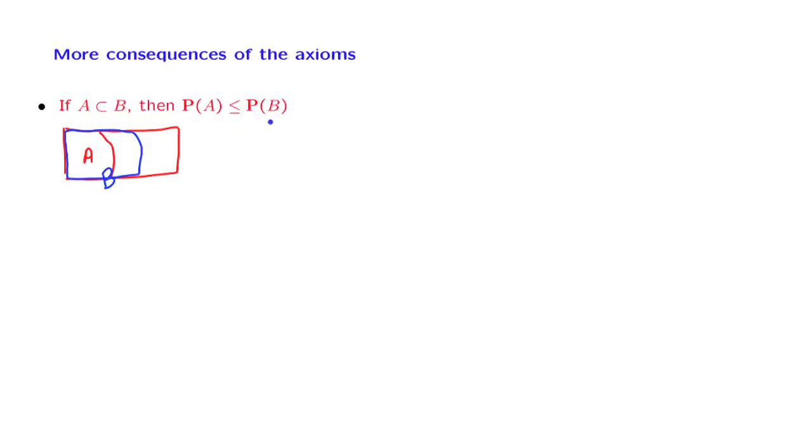How do we prove this formally? The set B can be expressed as a union of two pieces. One piece is the set A itself. The second piece is whatever elements of B there are that do not belong in A. What are these elements? They are elements that belong to B and they do not belong to A, which means that they belong to the complement of A. So we have expressed the set B as the union of two pieces.